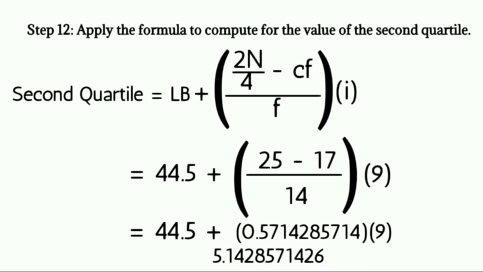The second quartile is equal to 44.5 plus 5.1428571421. That is equal to 49.64285714 or 49.64. If your answer has 3 or more decimal places, round it off to 2 decimal places.